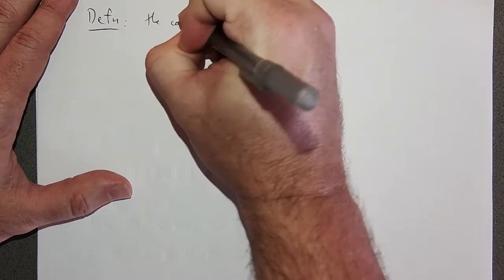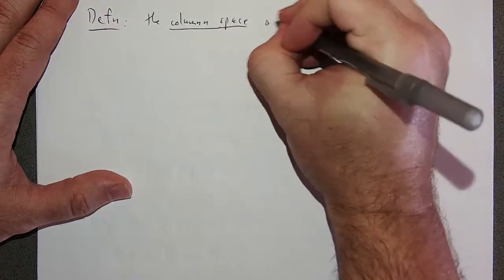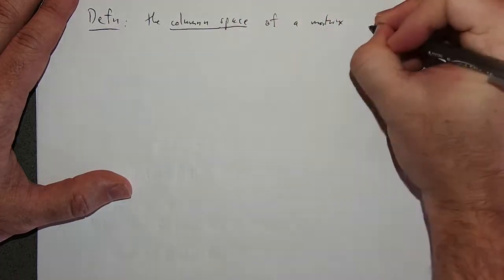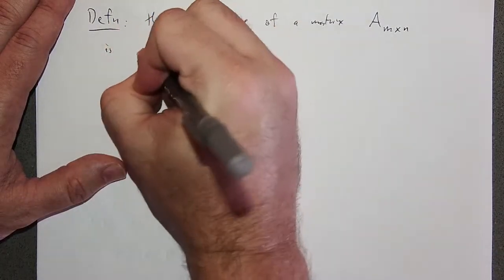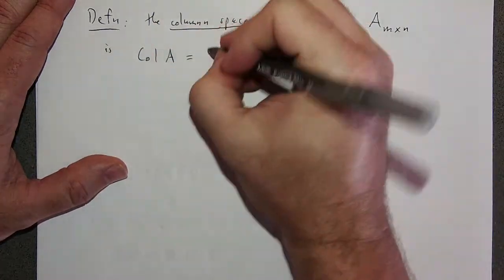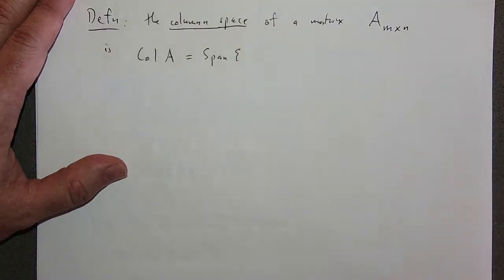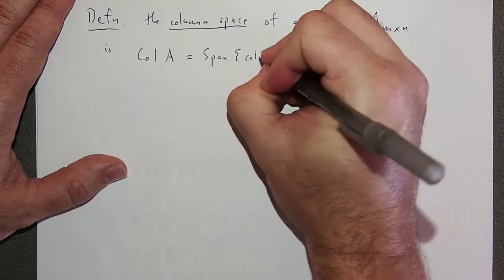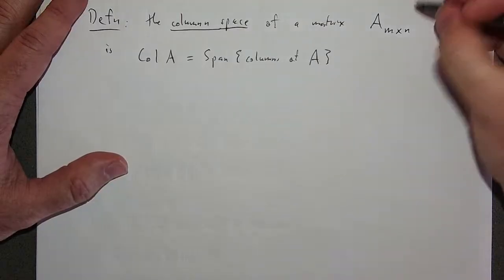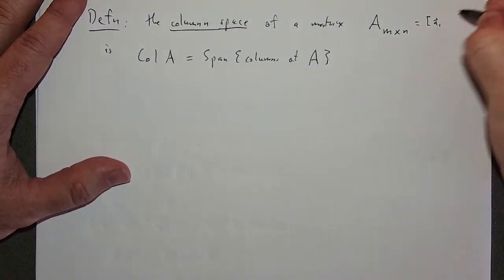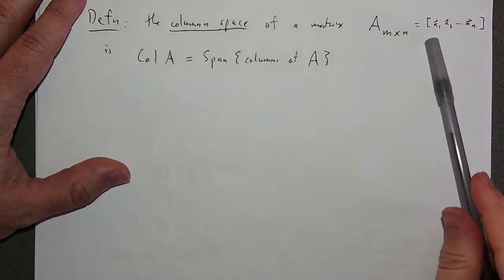The column space of a matrix A, this may be a rectangular matrix, is the span of the columns of A. I'll write it like this, just like I did yesterday, where it is more convenient to write a matrix as a list of column vectors.